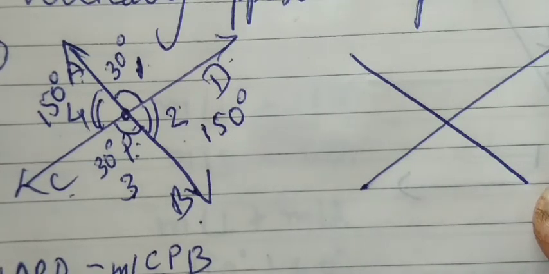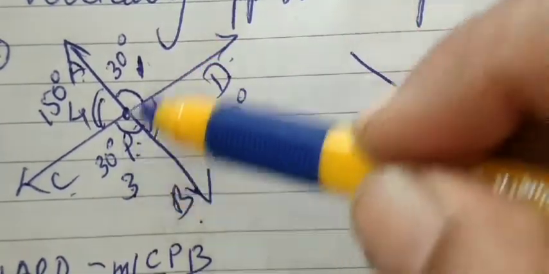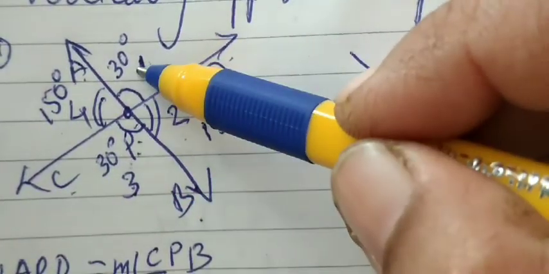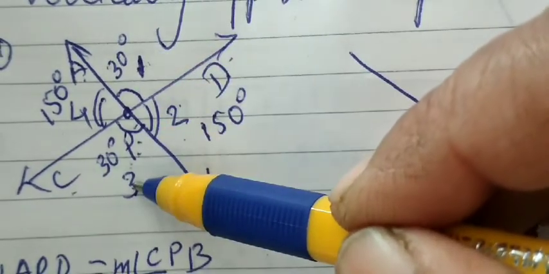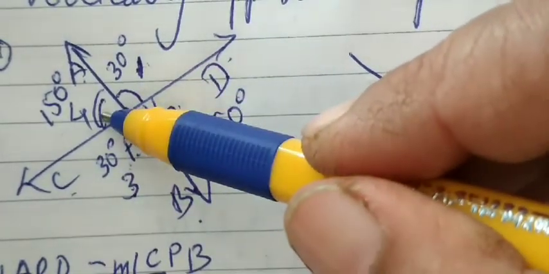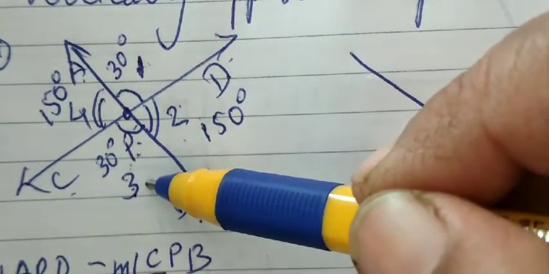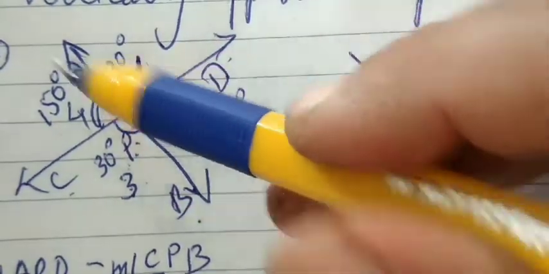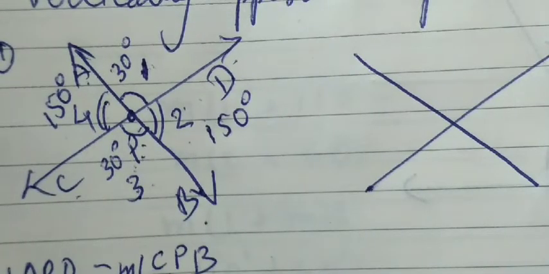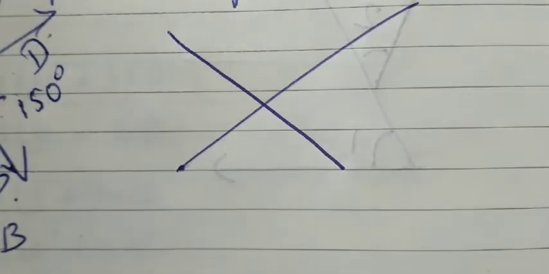So you will get two pairs of vertically opposite angles when two lines intersect each other. Okay? And vertically opposite इसलिए कहते हैं कि ये दो vertically आमने सामने हैं. So 1 and 3 are vertically opposite, and 2 and 4 are vertically opposite angles. 1 and 3 measurements are the same, 2 and 4 their measurements will be the same. Clear?